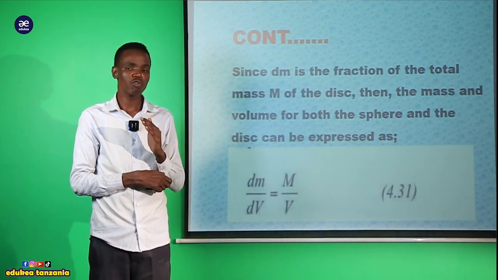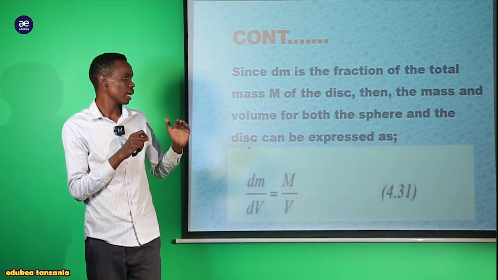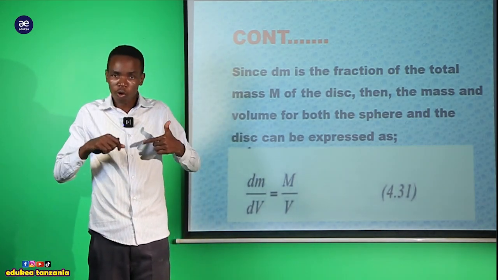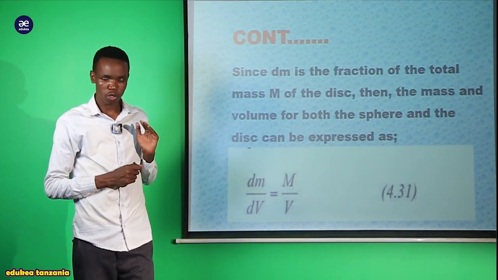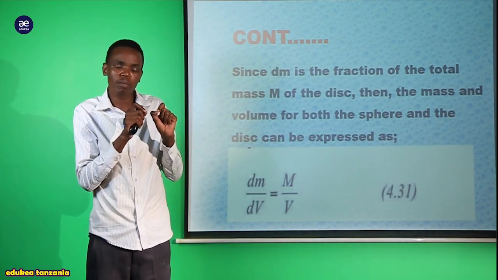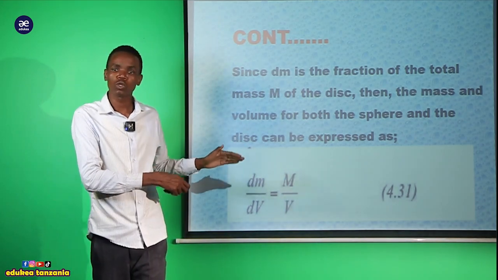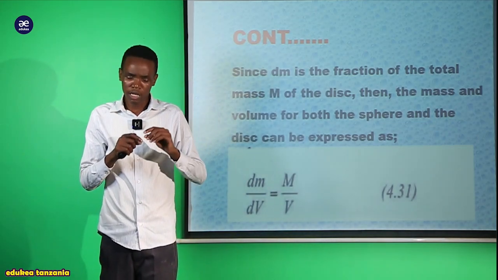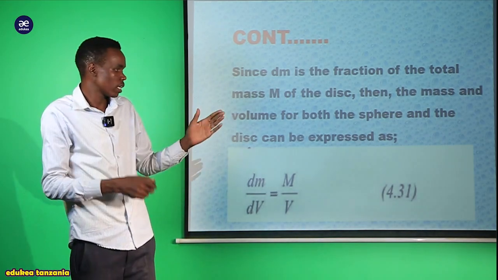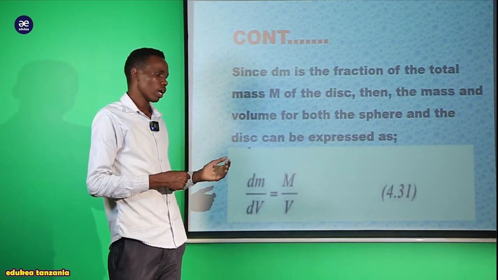So the mass and the volume for both the sphere and the disk can be expressed by the ratio: the small change of the mass divided by the small change of the volume, for the elemental disk, equals the mass of the whole sphere divided by its volume. Here, dV represents the volume of the elemental disk.